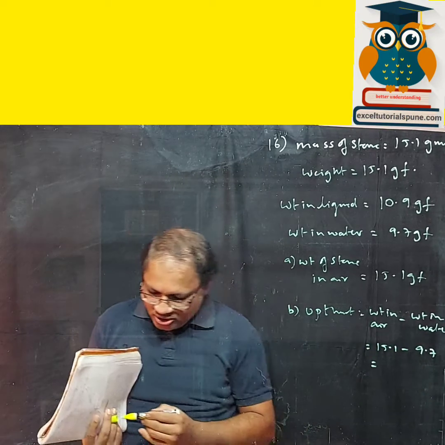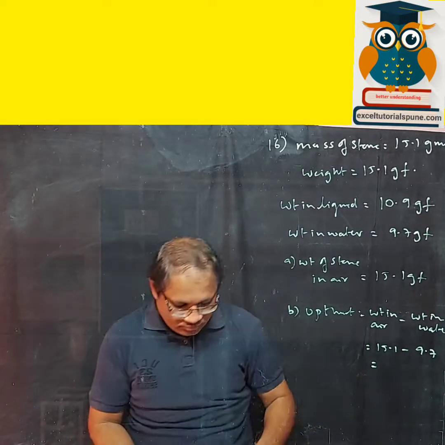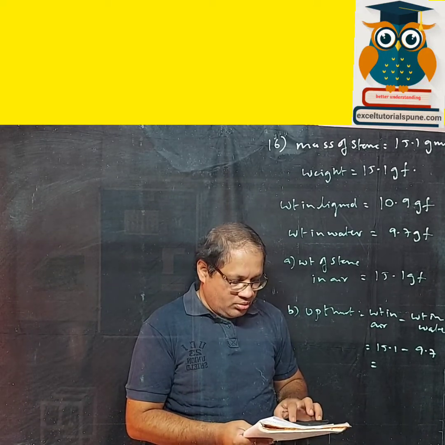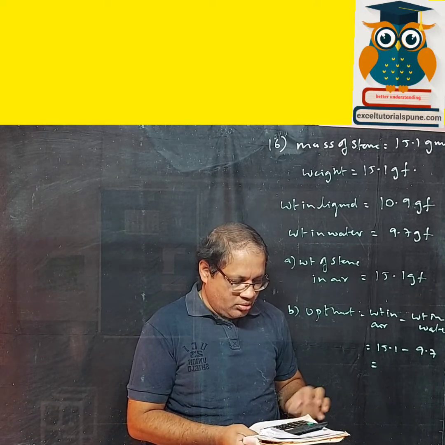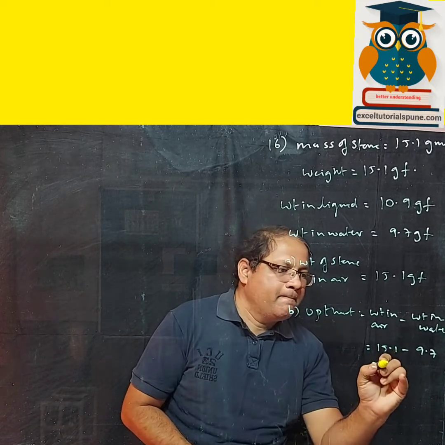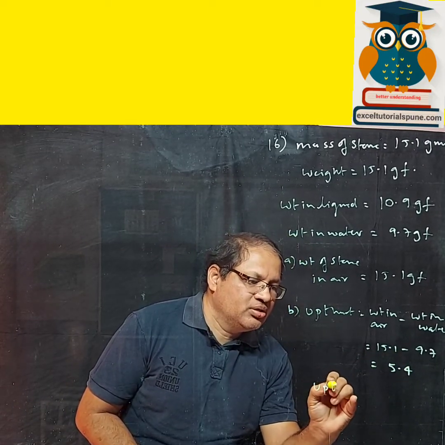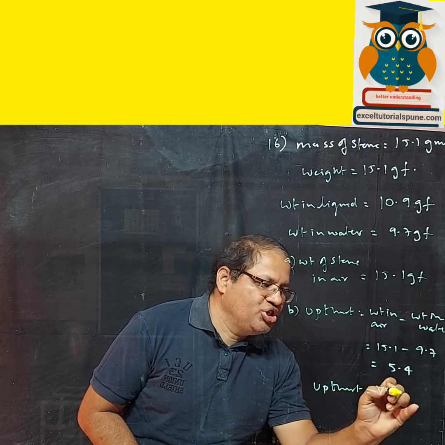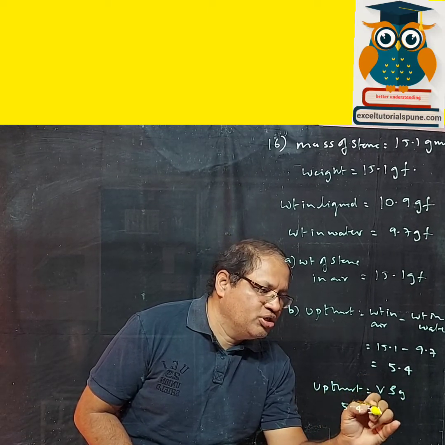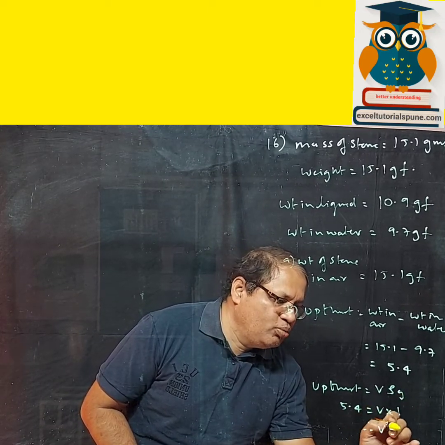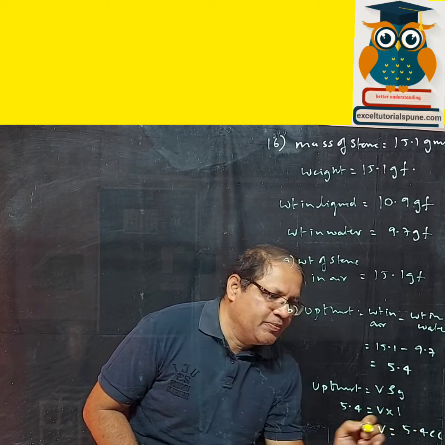So that is how much? 5.4. So upthrust V rho g, 5.4 is equal to V, density of water is 1. So therefore volume is 5.4 cc.